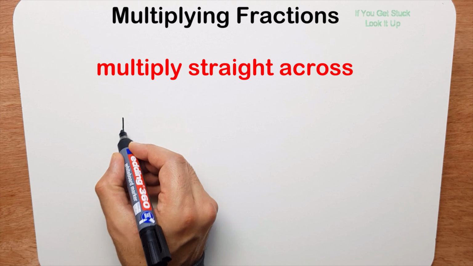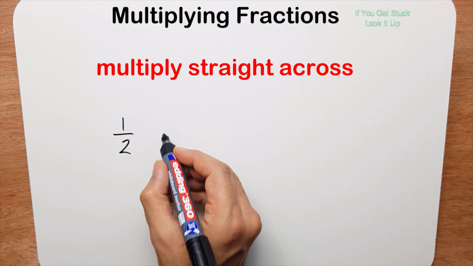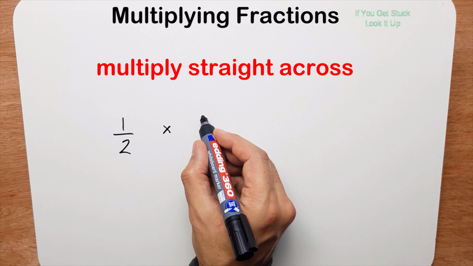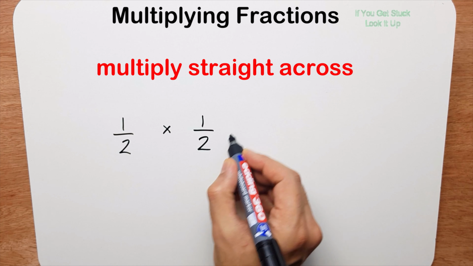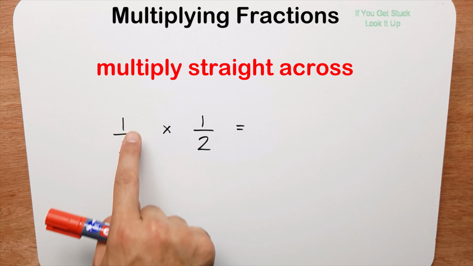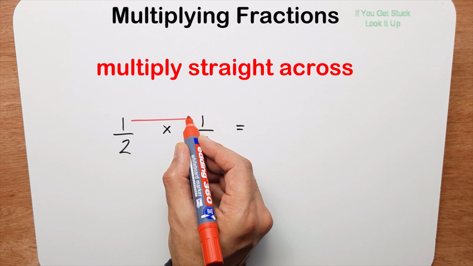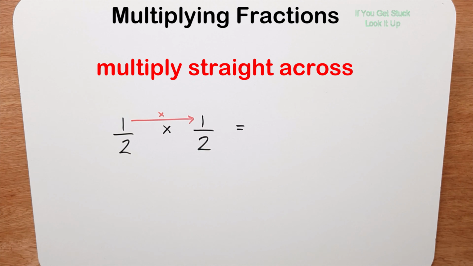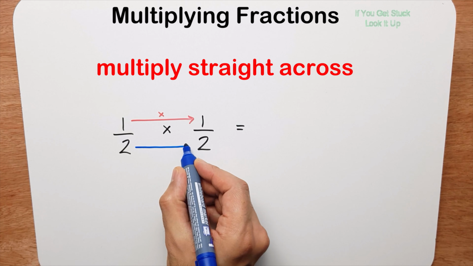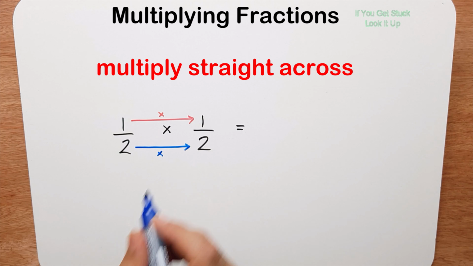The first example is 1/2 times 1/2. You multiply the numerators, the top two numbers, and you multiply the denominators, the bottom numbers.